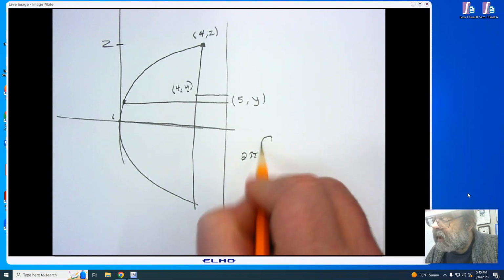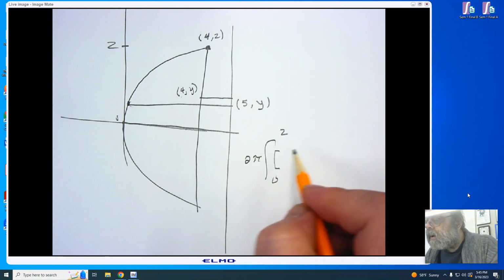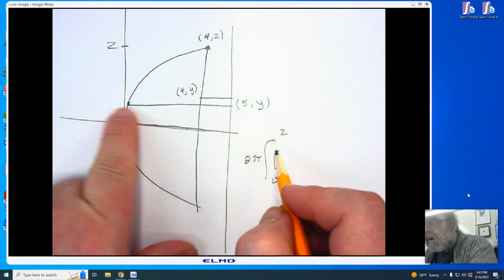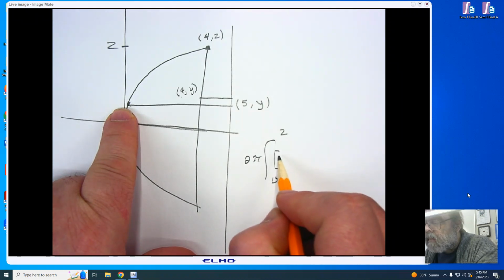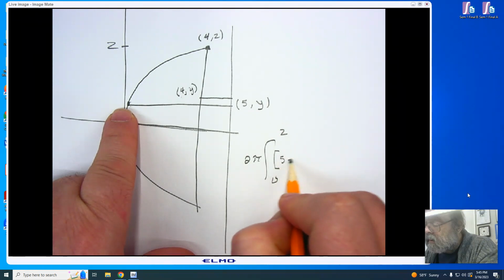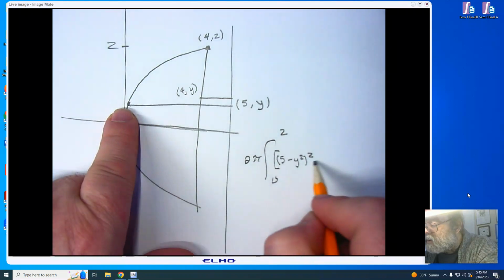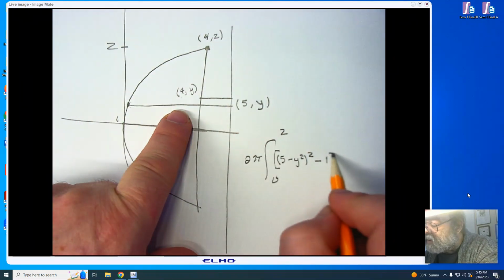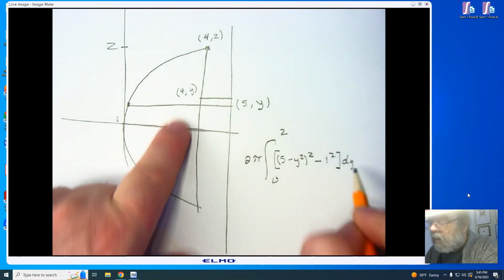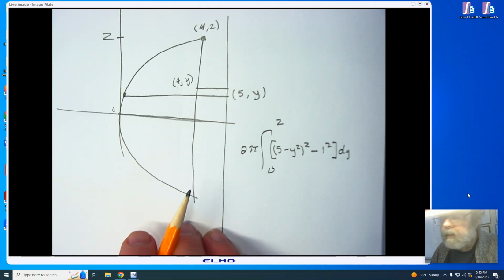So 2 pi integrated 0 to 2 for my upper. Now notice the big R right here is going to be 5 minus y squared, the quantity squared, minus, and when we take the difference of that, we have 1 squared dy. So we're going to have to FOIL this out.